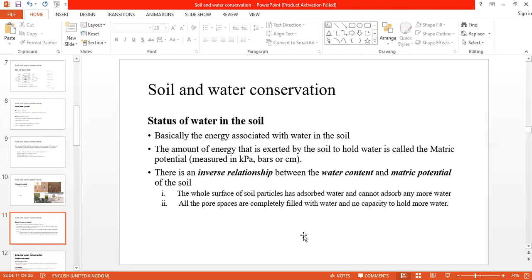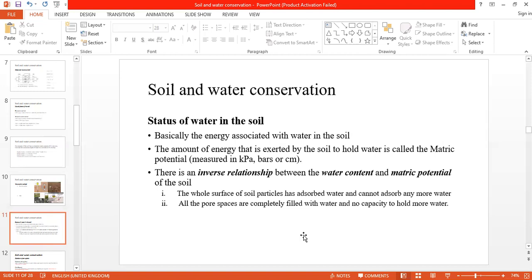So your task as a soil conservation manager is to know at what matrix potential the soil is saturated, and at what potential it starts to let go of water.